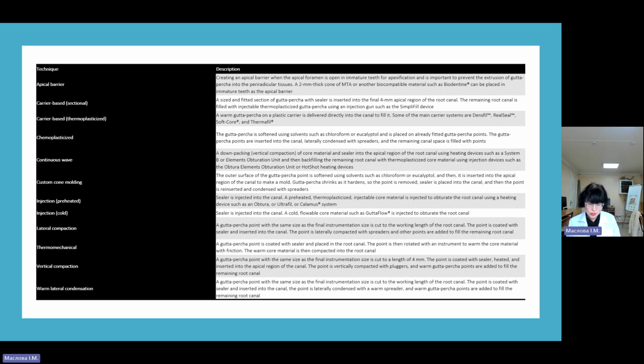It is one of the most commonly used sealers. It has a disadvantage in that it doesn't display any bioactivity or osteogenic potential. However, this means that it's more stable.